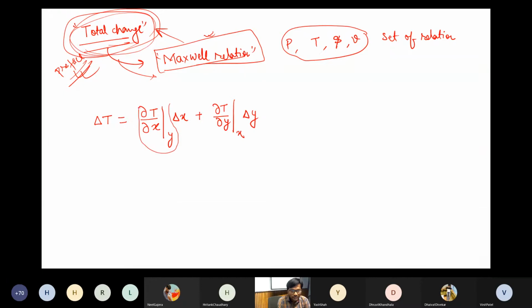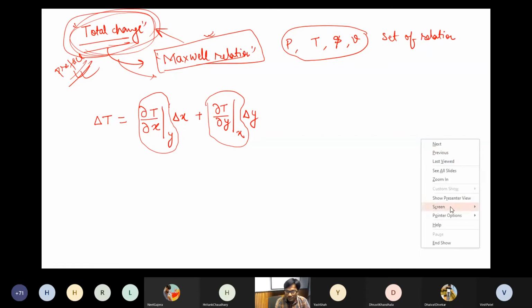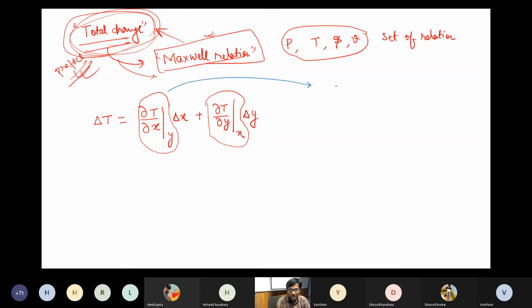Notice that these two expressions, so let's suppose, what I want to do is take this expression and do one thing. Let's call this thing m and let's call this thing n.